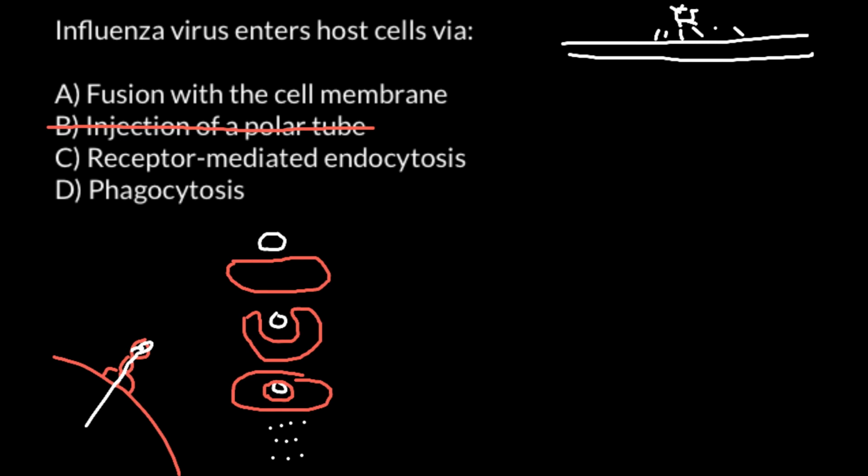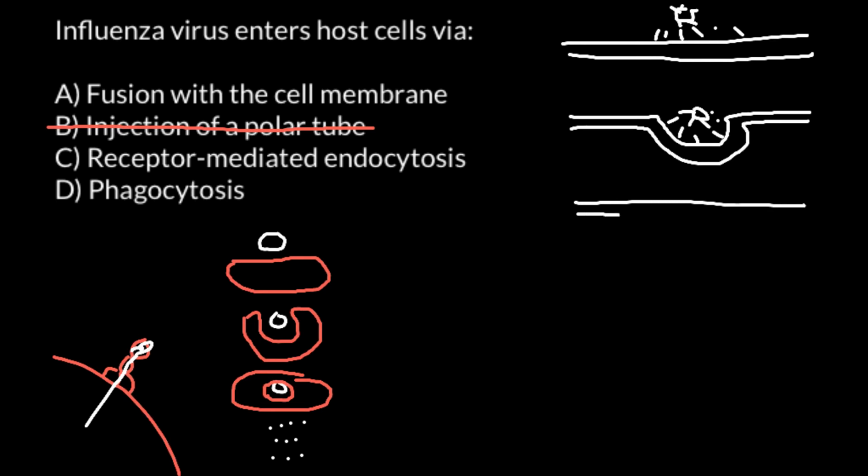And what is going to happen on the next stage, actually this cell would start to engulf this virus by making more and more such receptor mediated endocytosis, and on the next stage we would see formation of the vesicle, which would contain the virus, and it's going to have the double lipid layer of the cell.